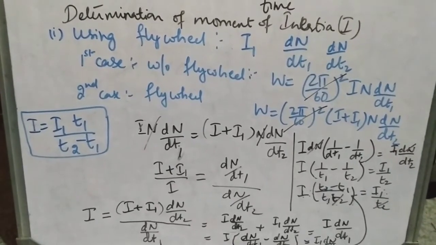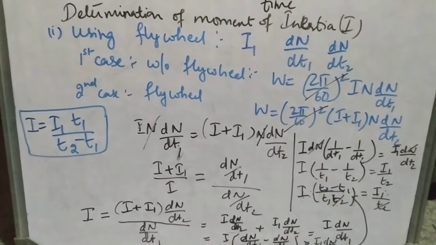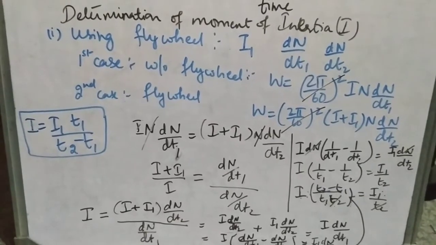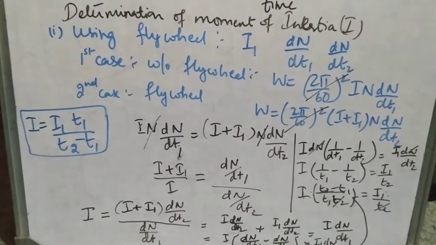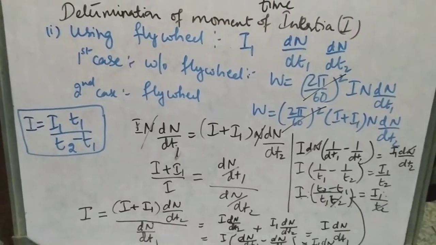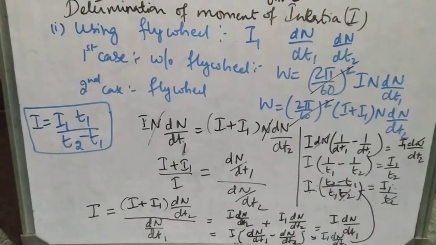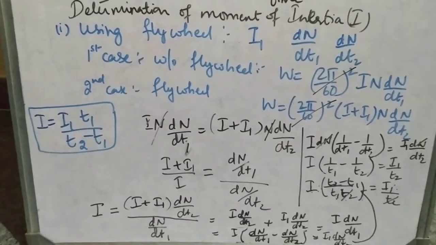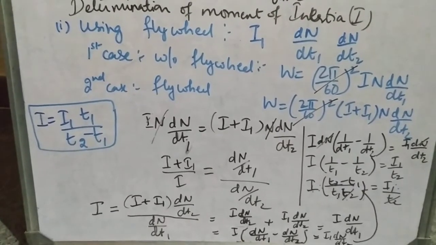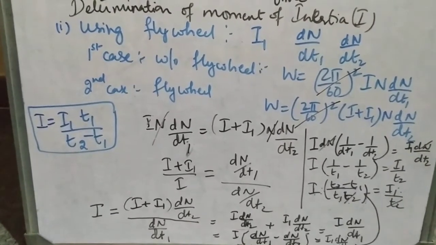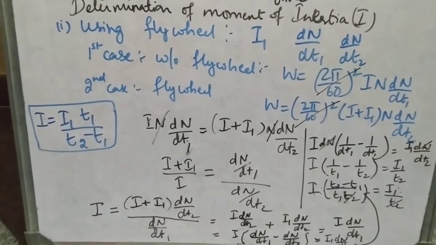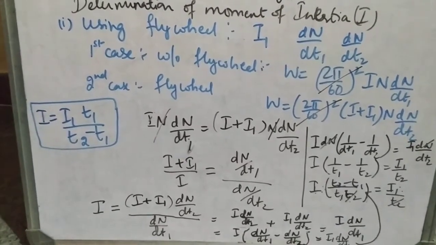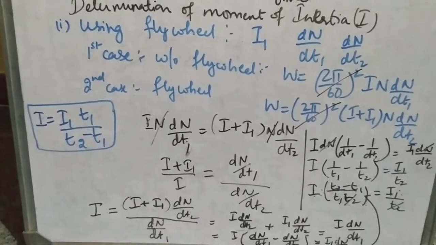The power drawn by that resistance will act as a retarding torque on the armature, which will make it slow down more quickly. So even without using a flywheel, we are able to calculate the rotational loss.